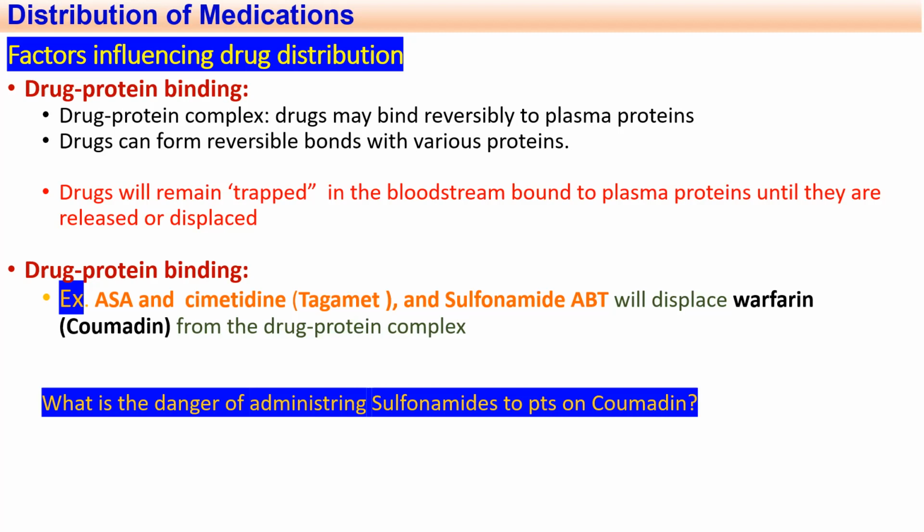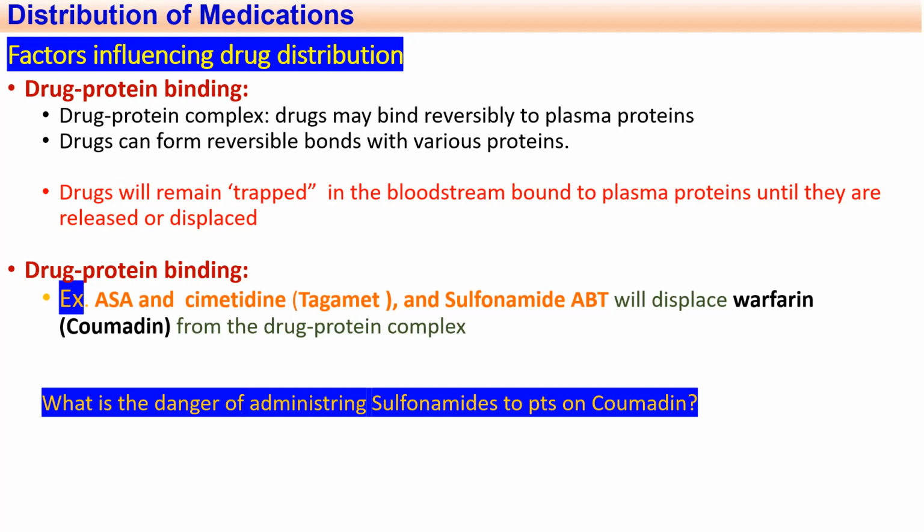So the unbound, free drug molecules that are not bound to the protein can reach their target tissues or be excreted by the kidneys. However, the drug molecules that are bound are trapped in the bloodstream because they are bound to the protein.